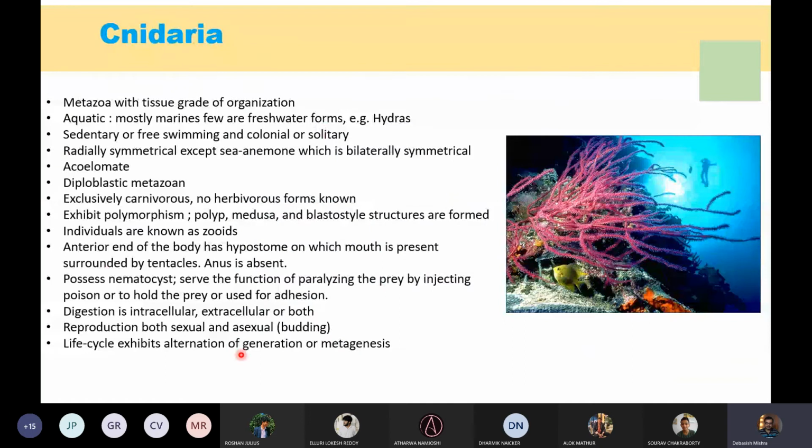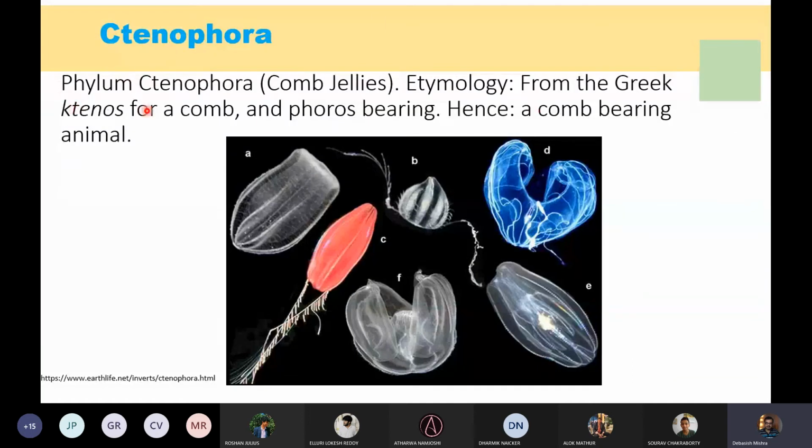These are certain characteristics of them. We have another phylum called Ctenophora here. They look like the medusoid Cnidarians, but they are more closed. They do not have an open system like that, and they look like comb-bearing organisms, usually living in the deep sea, and they glow like LED bulbs.